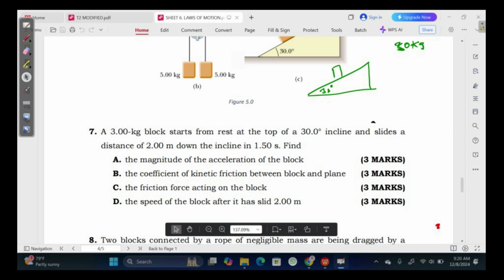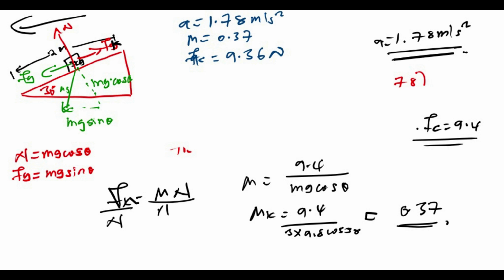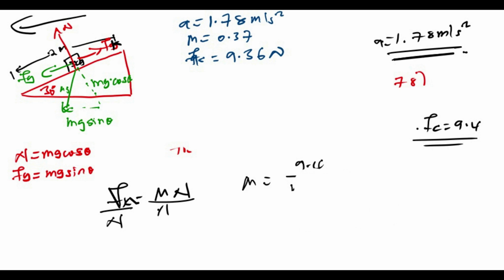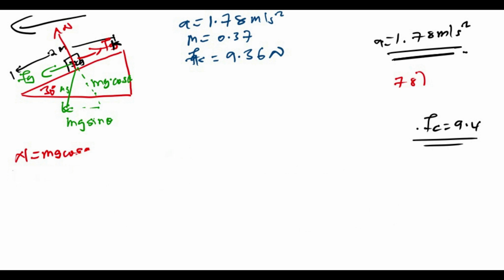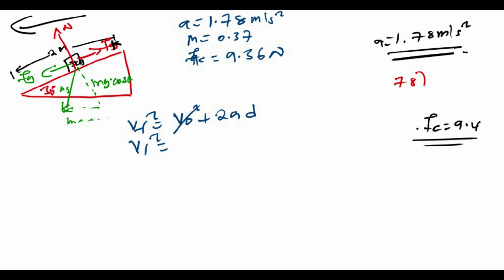Now that we have acceleration, we can use the first formula to find the speed, or the third one, because we have been given the distance, which is 2. So we know that the initial speed is 0. We want to find the final. Acceleration is 1.78, d is 2.